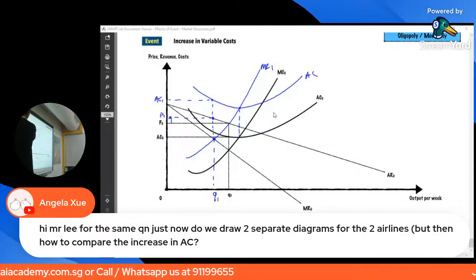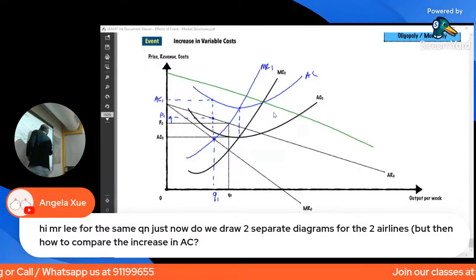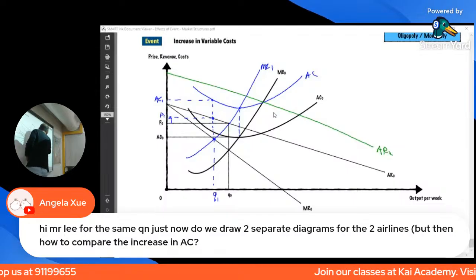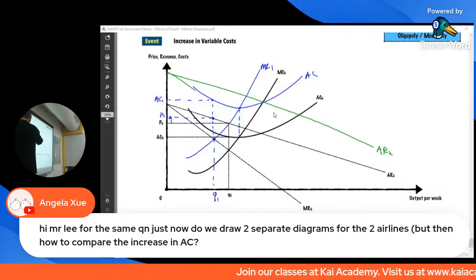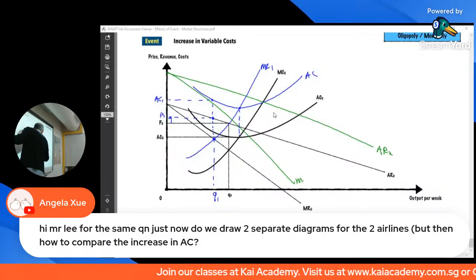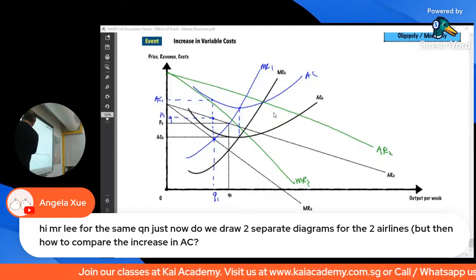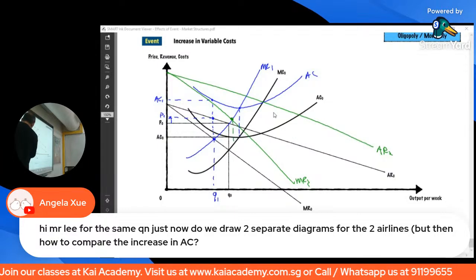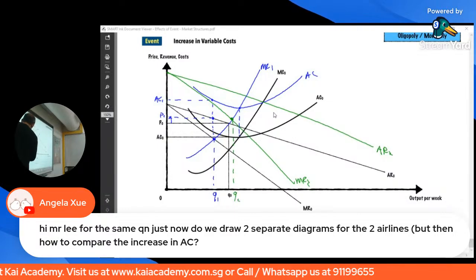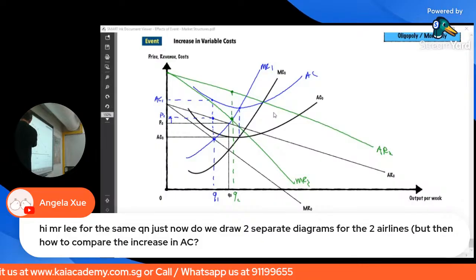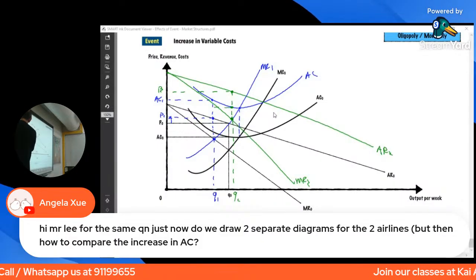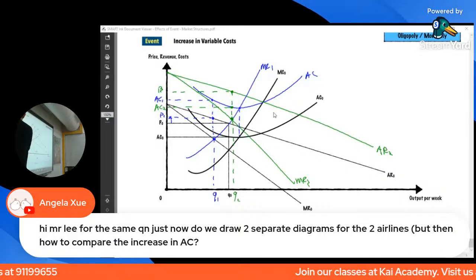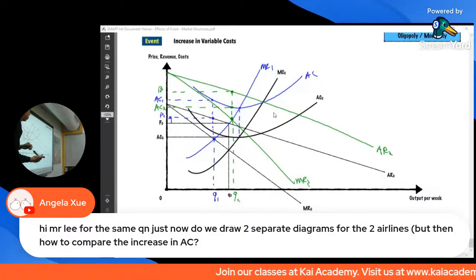You just draw AR2, MR2. Then the new profit maximizing point is here, Q2, P2, and then AC2. So the firms restore back to supernormal profit.